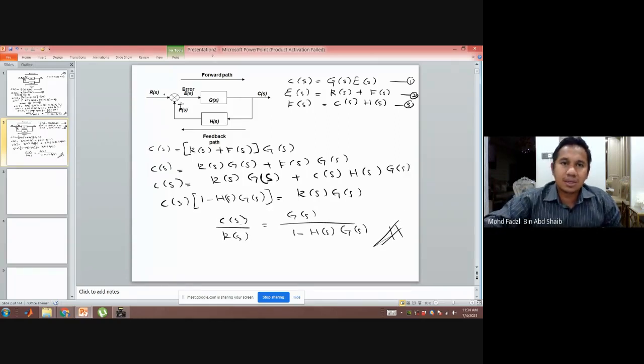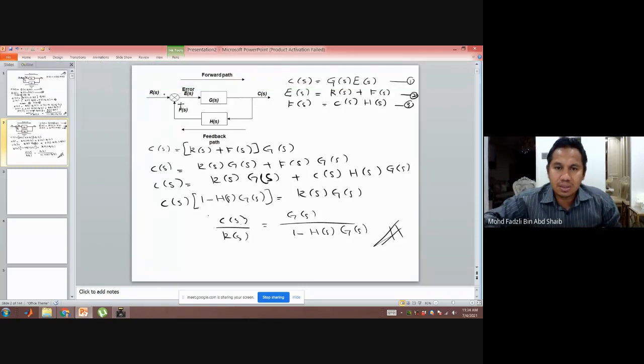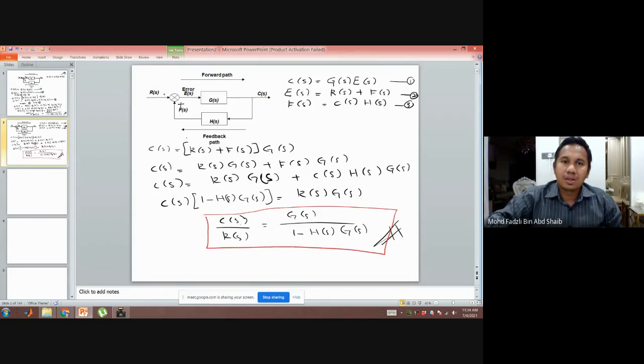This is the equation. We need to memorize it for positive feedback.